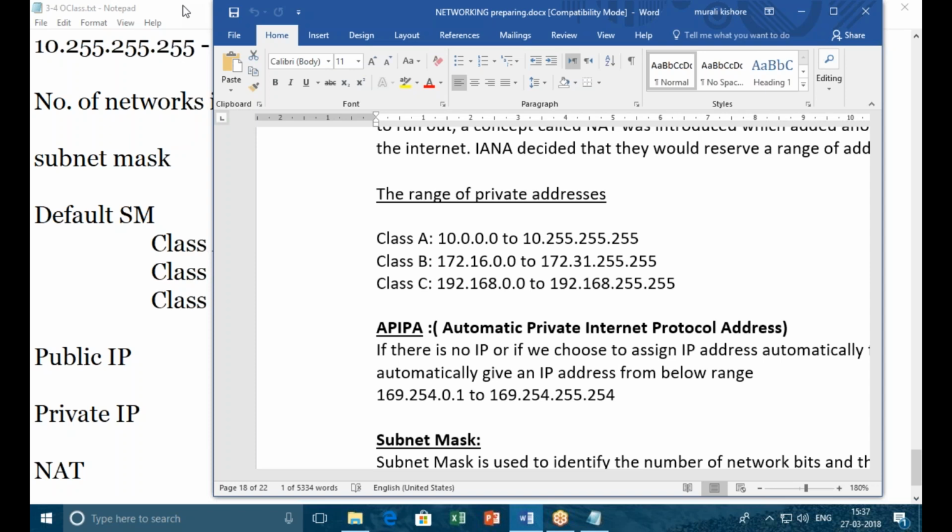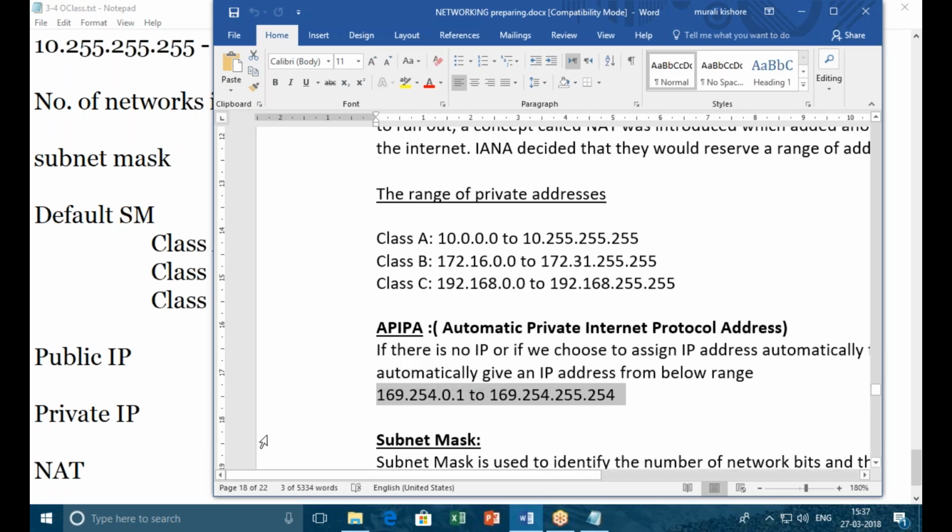That IP address will be called APIPA. The range of that address will be 169.254.0.1 to 169.254.255.254. In this range only, you'll get an automatic IP address assigned by the system. We call it APIPA.